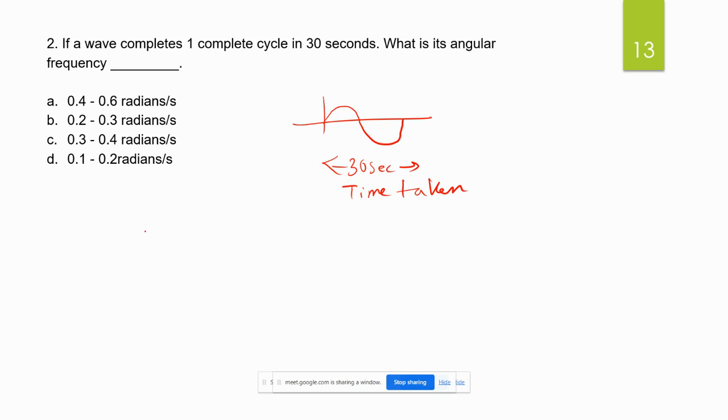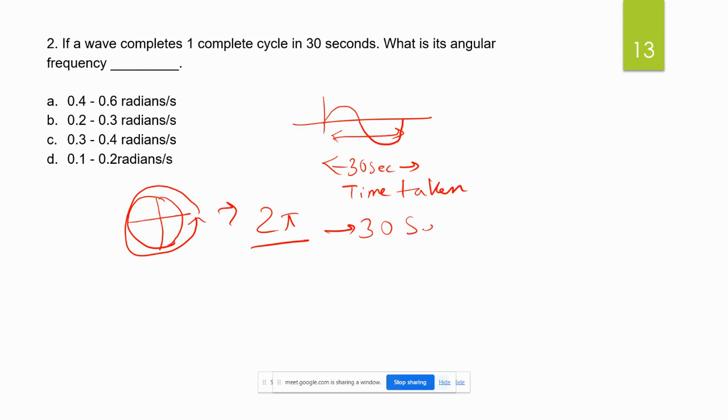So question is, if a wave completes, 30 seconds it is taking. So other way we can write is, it is covering whole cycle, that means 2 pi in 30 seconds. So its angular speed will be, the angular speed is angular displacement by time.